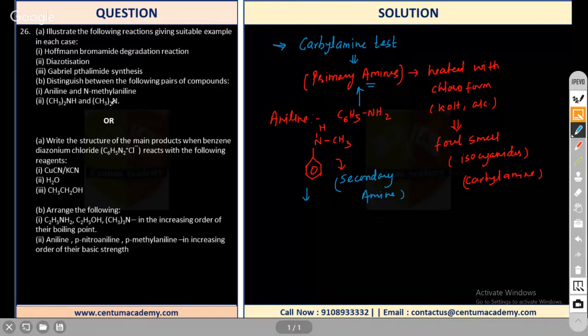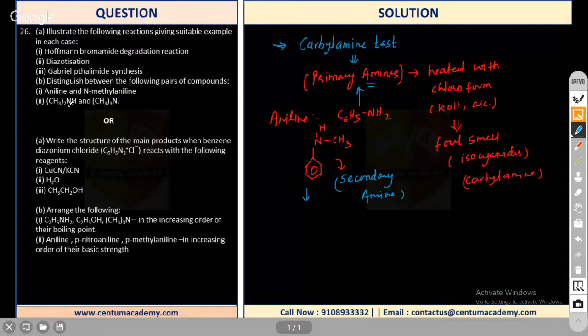Second one, you tell me. It is tertiary and secondary. Yeah, it's correct. Hinsberg reagent. Hinsberg reagent we use to distinguish secondary and tertiary amine. Secondary amine gives this reaction. Tertiary amine does not give this reaction.